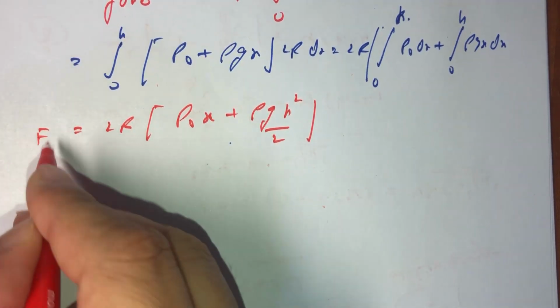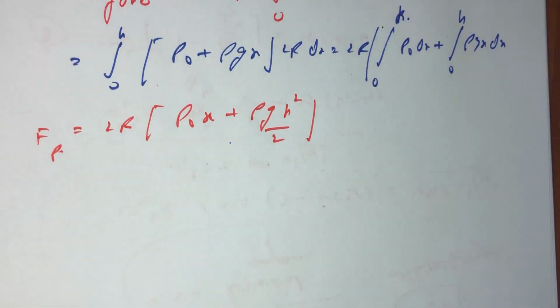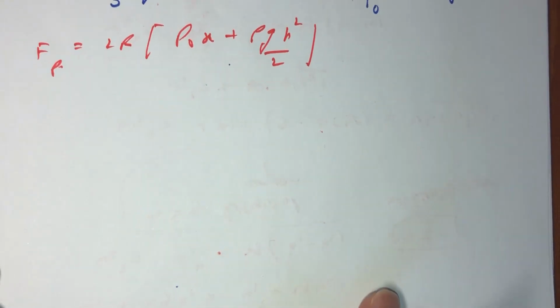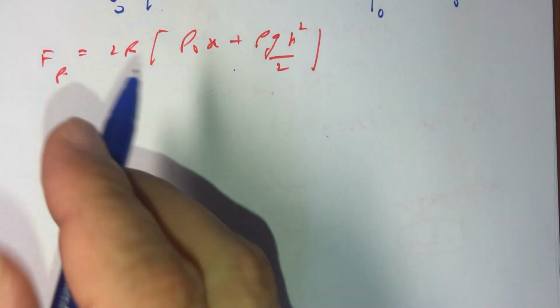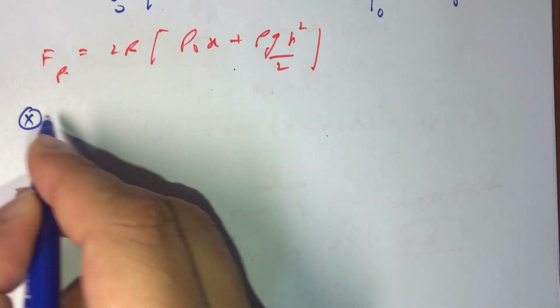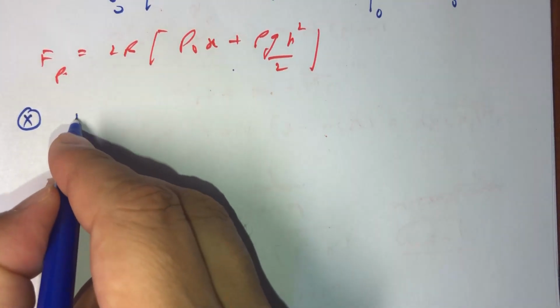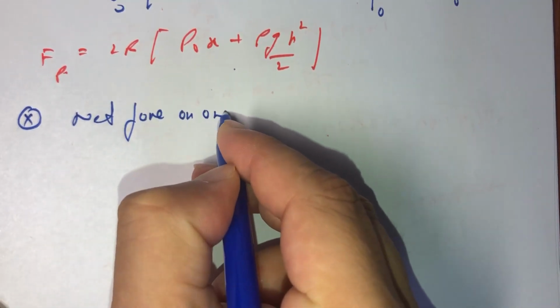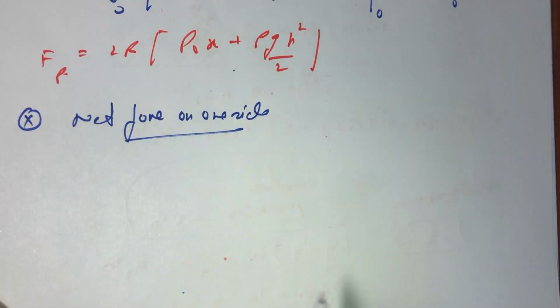So this is the total pressure force acting on the surface because of the liquid pressure. Now we are going to find out the net force on one side.